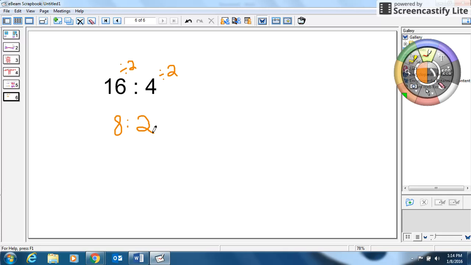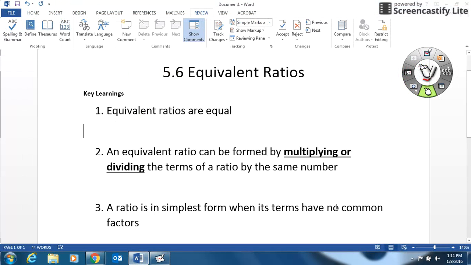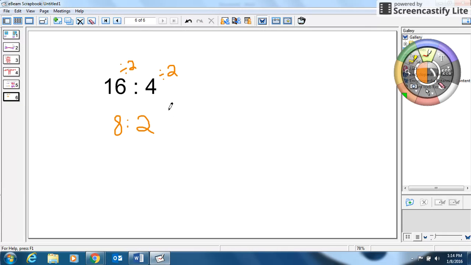Now the question was, put it in its simplest terms. It's in simplest terms when there are no more common factors. Is there any numbers that go into 2 as well as 8? Well, they're both even numbers, so we know that 2 can go in there.